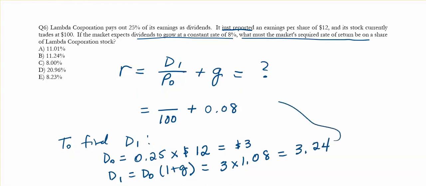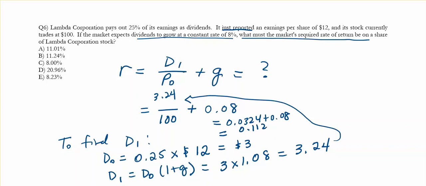So I'm going to plug that in here to then give me a dividend yield of 0.0324 plus 0.08, or 0.1124, 11.24%, giving me B. But let me just pause here to go over some more terms.